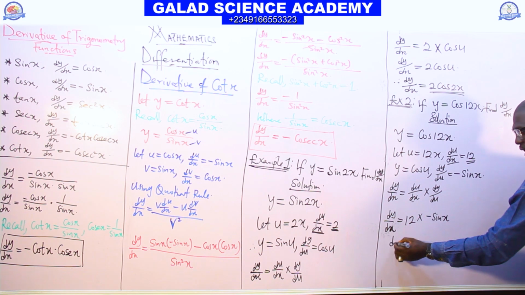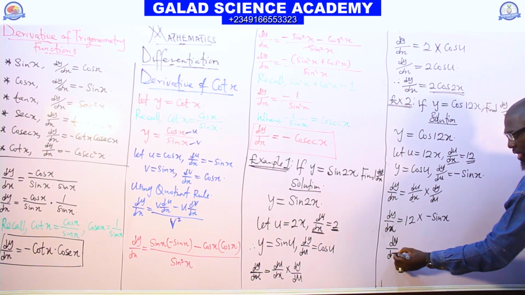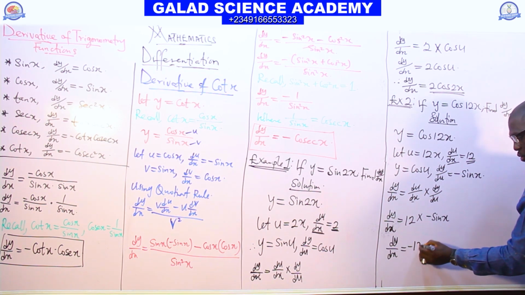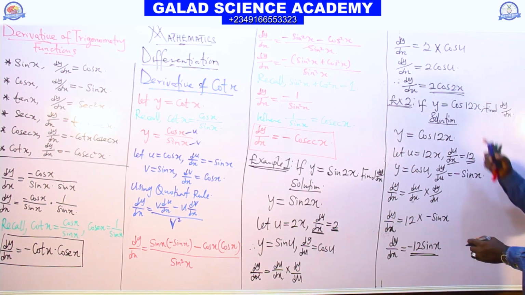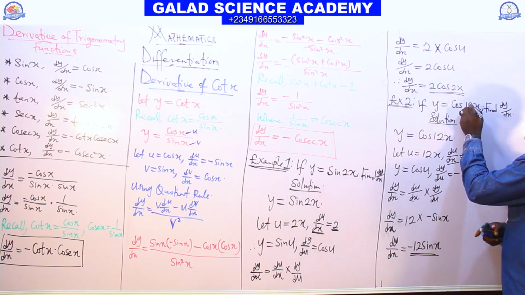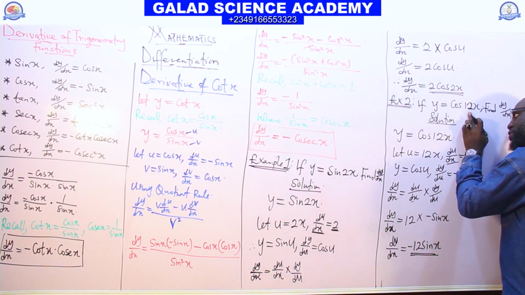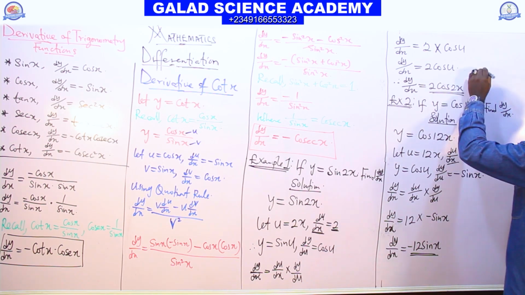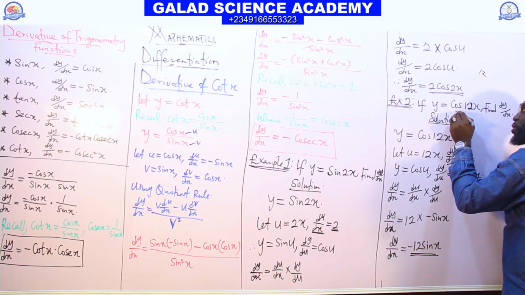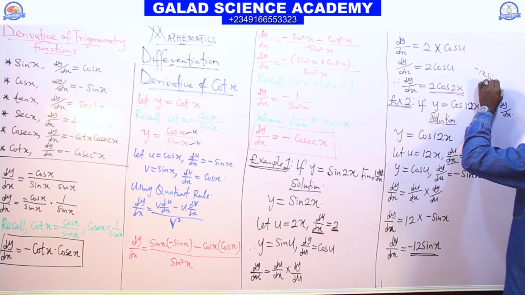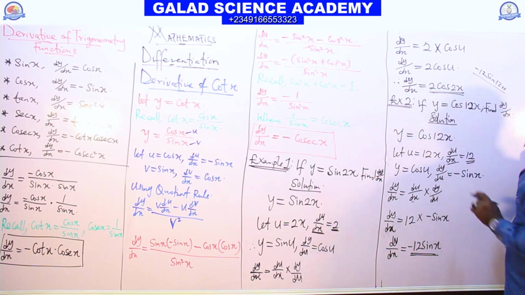At the end of the day, dy/dx will give you minus 12 sine 12x. Apply the shortcut to cos 12x: the derivative of 12x will give you 12, and the derivative of cos is minus sine 12x. Simple.